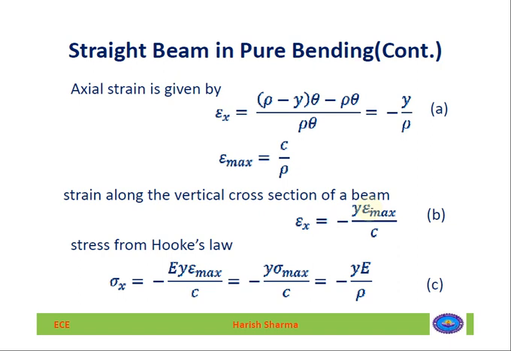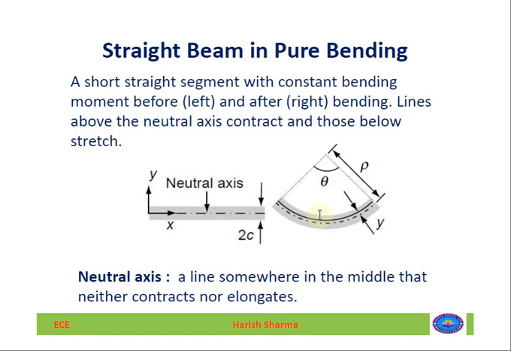That axis is known as the neutral axis. From the diagram we can calculate the axial strain, that is delta L by L, change in length by original length. The initial length is rho theta. After bending, the length at this position will be decreased, so the new length is less than the previous one.